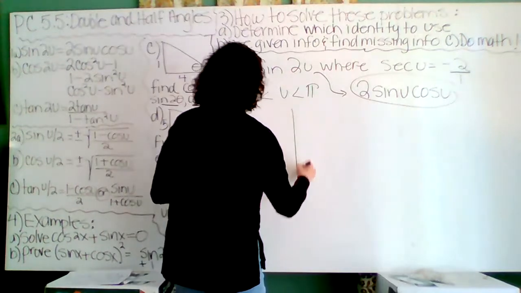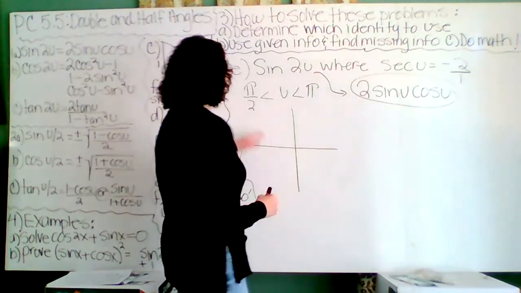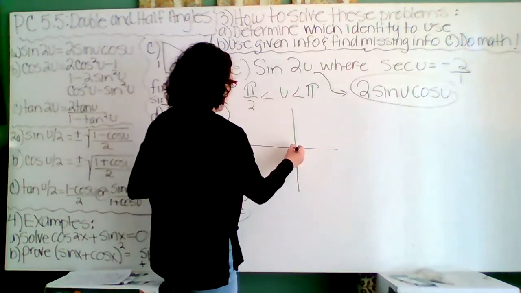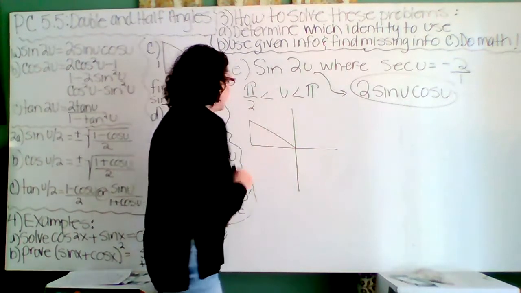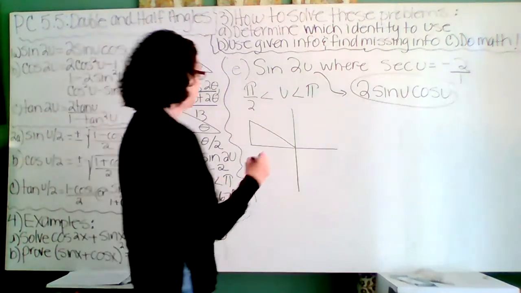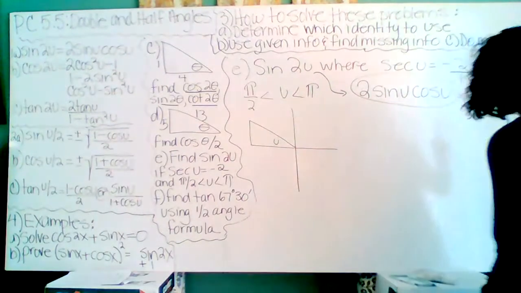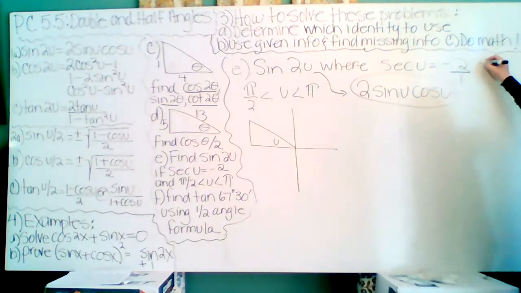Let's draw ourselves a picture. If u is located between pi over 2 and pi, right, then you must be in the second quadrant. Here's my u. Now, if secant of u is -2 over 1, then cosine of u must be -1/2, right?